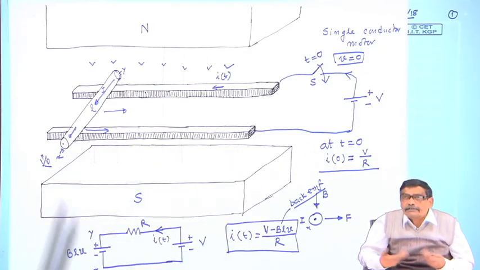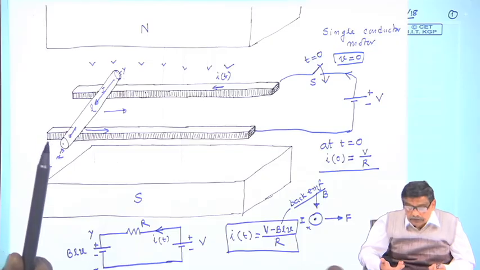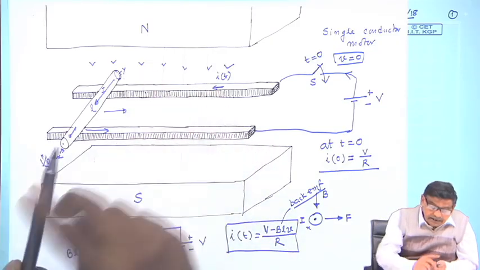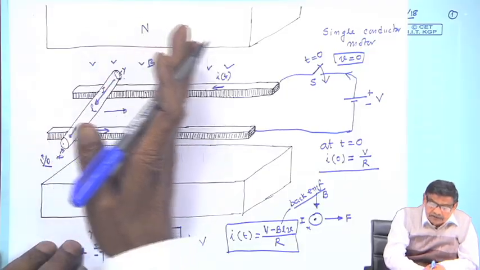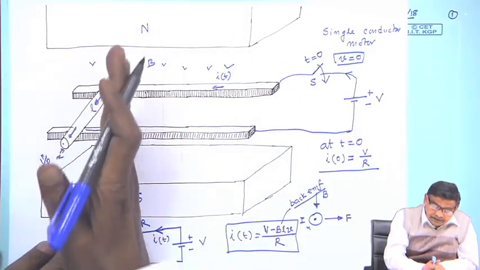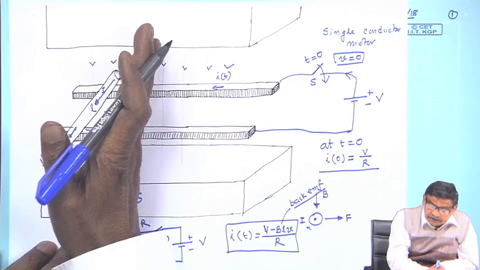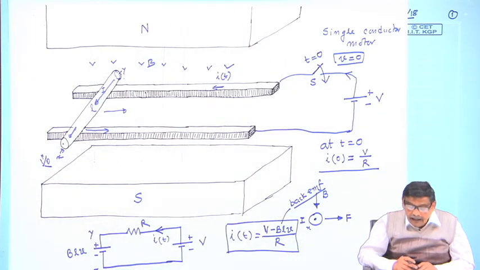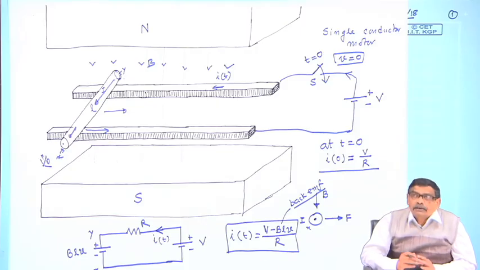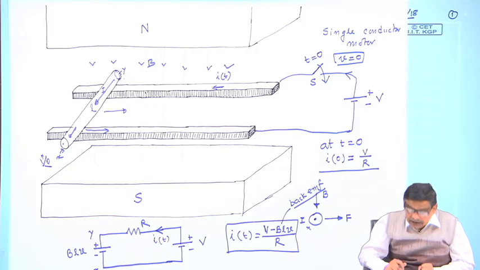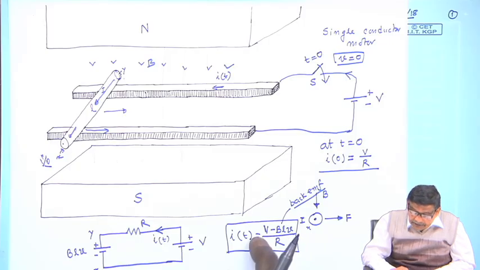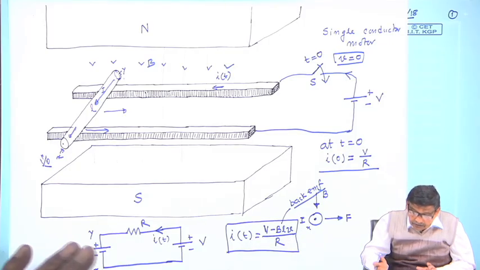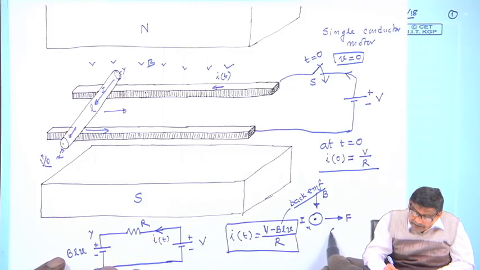Therefore, it will go on accelerating from 0, speeding up and speeding up. And I can also predict that the i(t) value will go down and down, because v is increasing with time, while capital V, B, L, R are all constant.